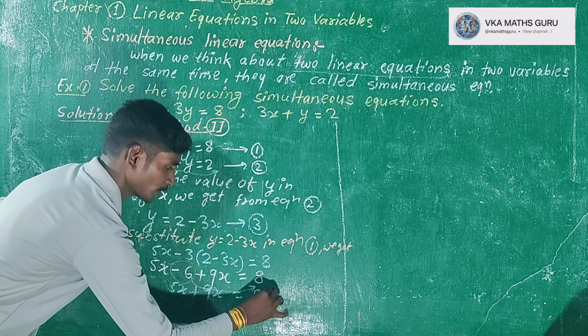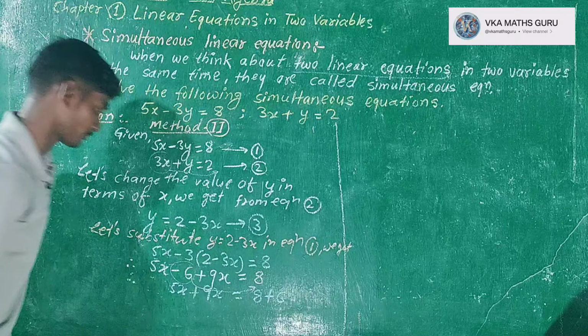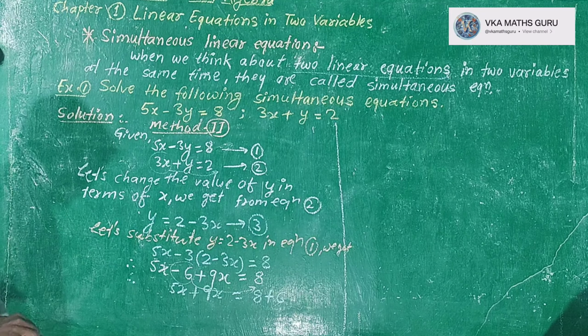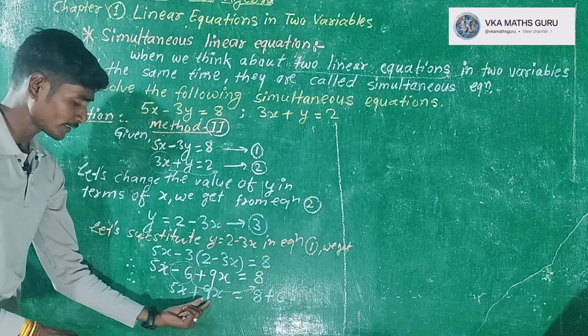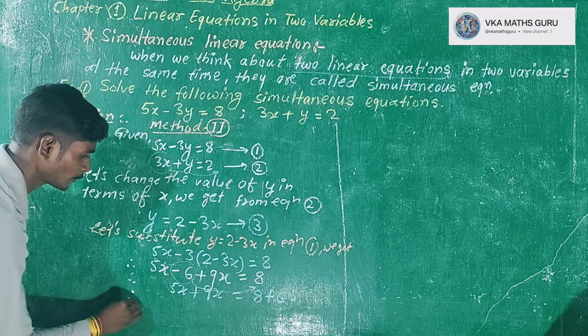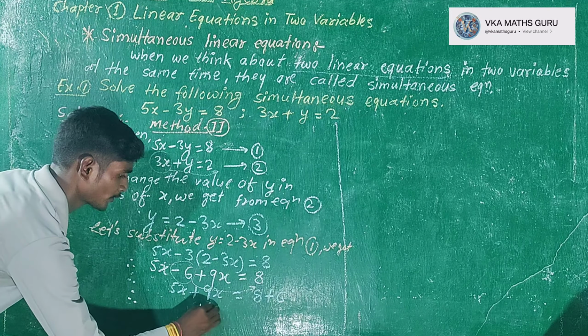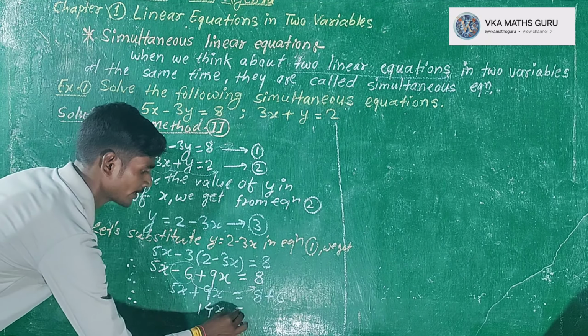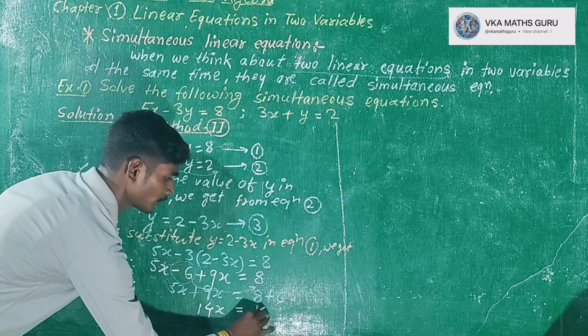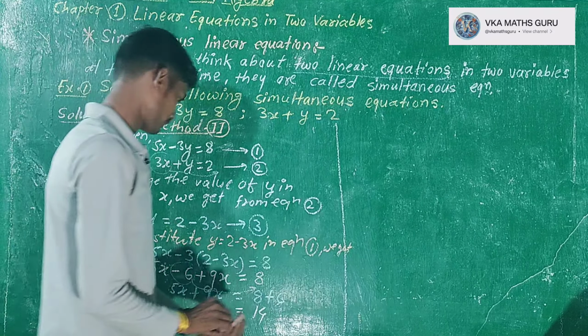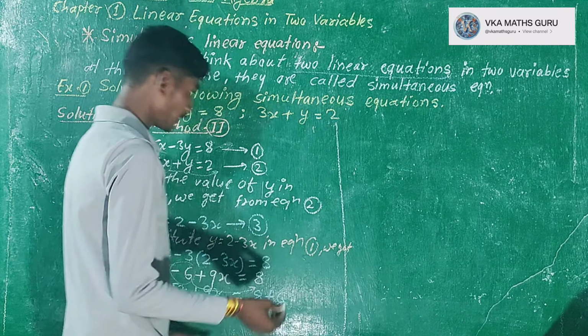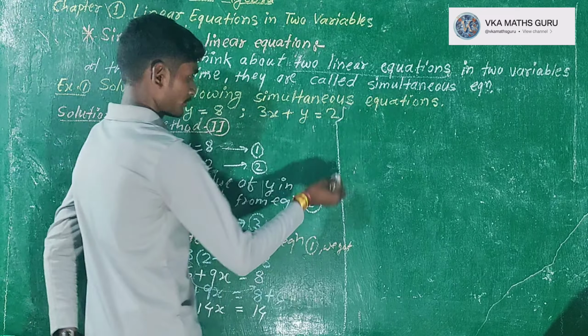So see here, 5x plus 9x becomes 5 plus 9, that is 14x. 8 plus 14 from this equation. We have to calculate the value of x.